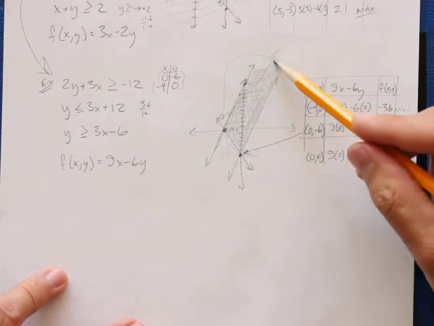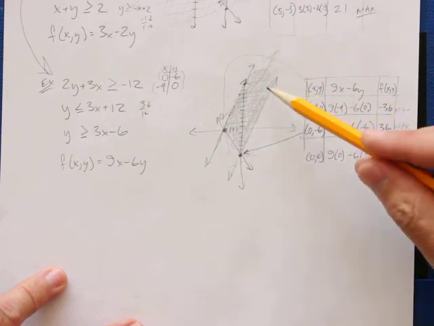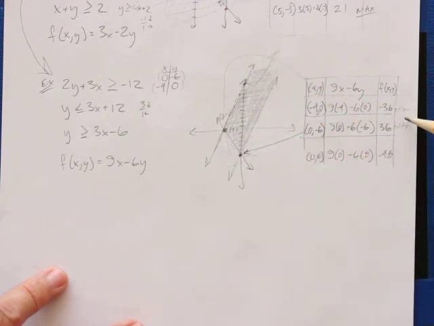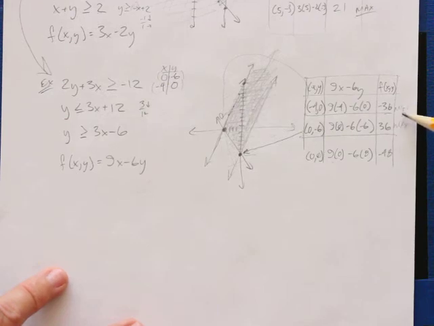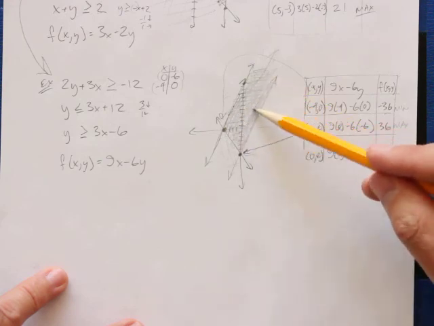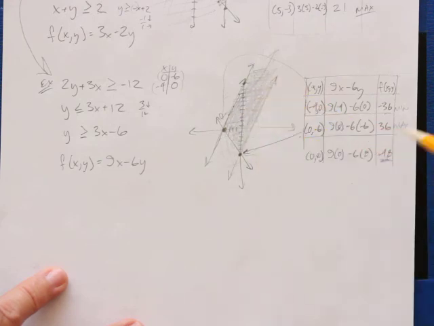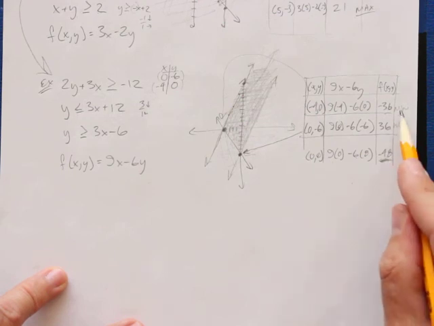But we know one of these is not a max or a min. So we've got to decide which one is going to be the min or which one is going to be the max. Now, here's how we decide. We just plugged in some random point that is inside of this feasible region, and we got negative 48. This is less than this minimum.